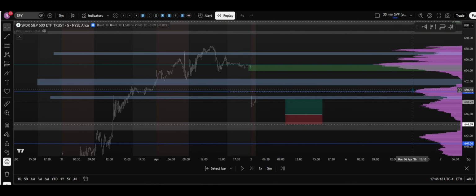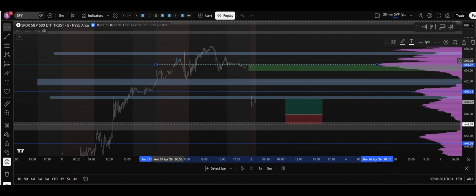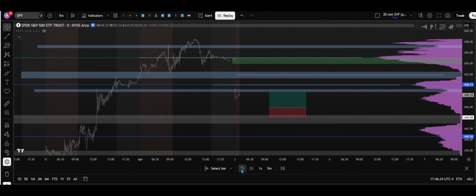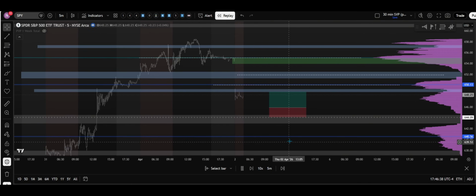That's that point of control. There's this low volume node right here, which is also roughly around the low of pre-market of that day, and then the point of control of this peak up here. So, let's go ahead and maybe play it out, because there's one other thing I do want to show you.